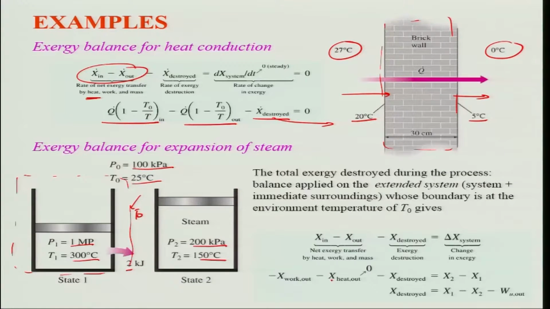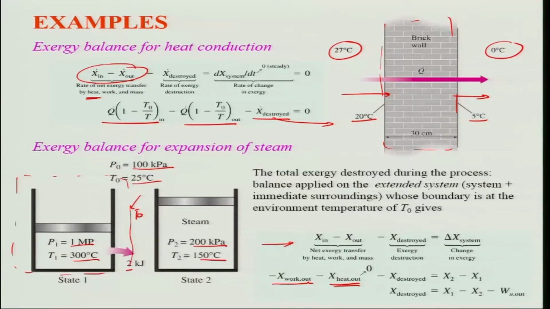In that case, if you apply this exergy balance, then this particular term is going to be 0. Please note here that X in is going to be 0, because there is no contribution as far as the transfer in is concerned. The out is your X work out, because of working against the surroundings, so this will be your work out on the surroundings.